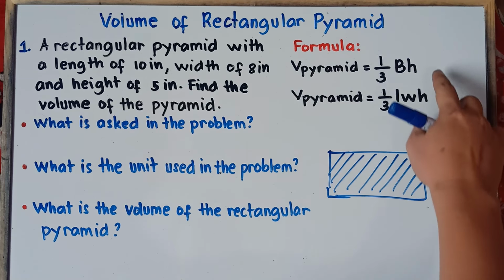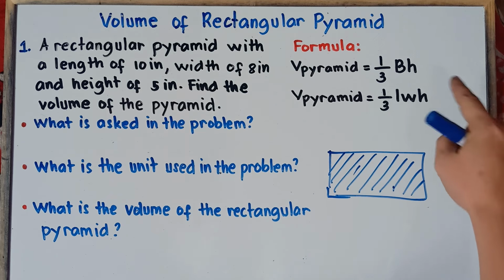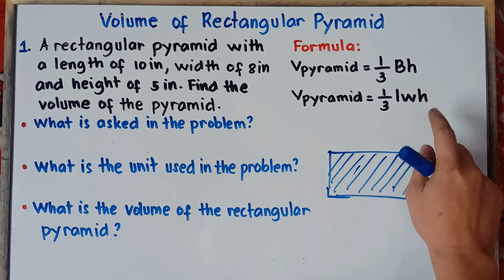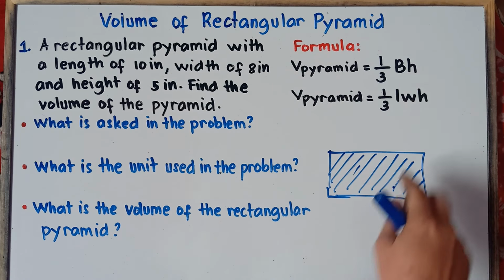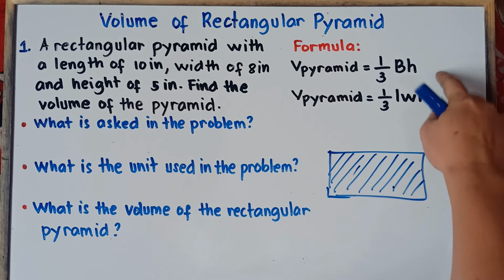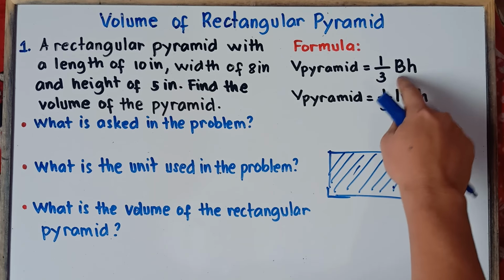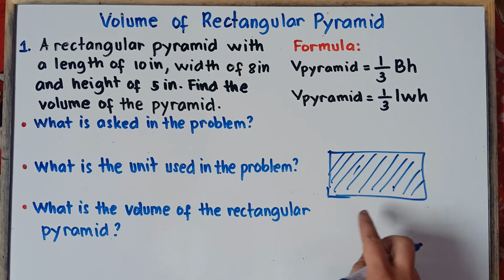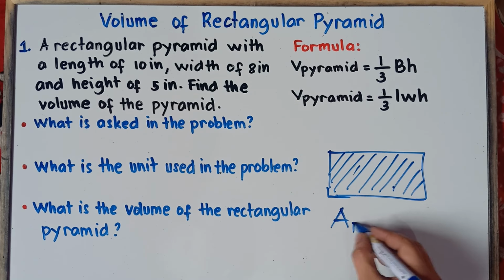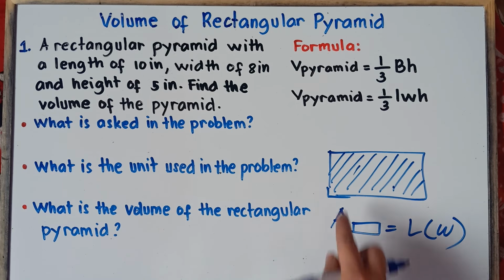In our first formula, class, if you are given the area of the base and the height, you can simply use the first formula. If you are given the length, width, and height, use the second formula. But actually, this is just the same, because to find the area of the base, capital B, of this rectangle, the formula for the area of a rectangle is length times width.